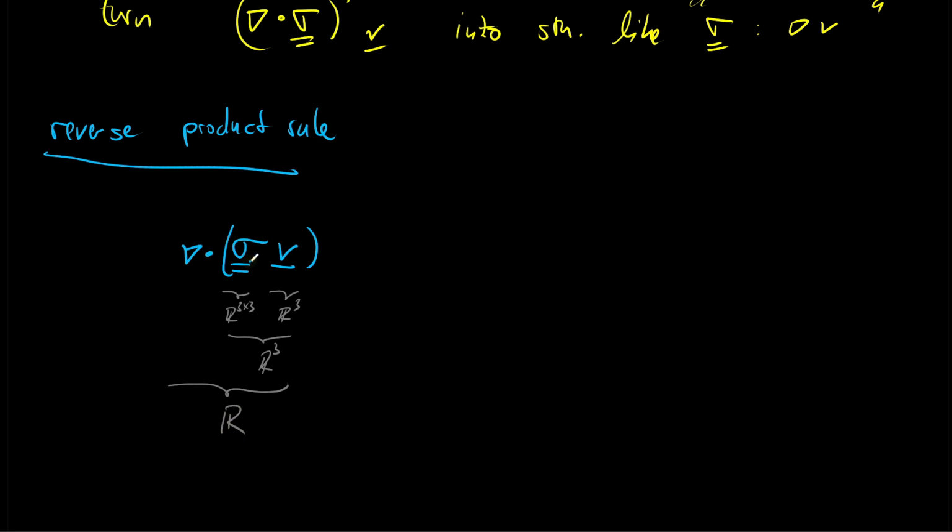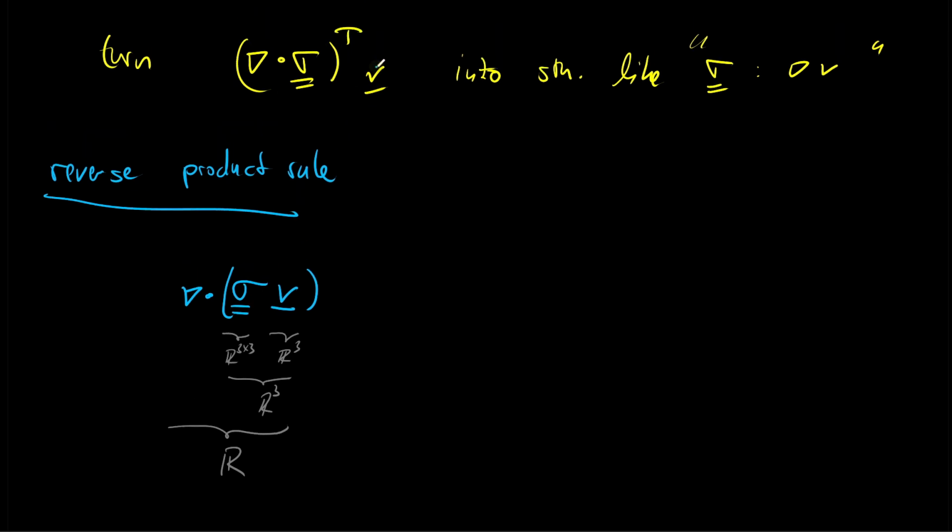Now we want to apply the product rule to that expression, because then we could potentially find this expression again. So well, let's do that. I mean, it's of course a little bit weird to have product rules in these higher dimensional objects, but it will make sense. So first let's take the divergence of the sigma tensor. And if we take the divergence, so maybe let me put that here.